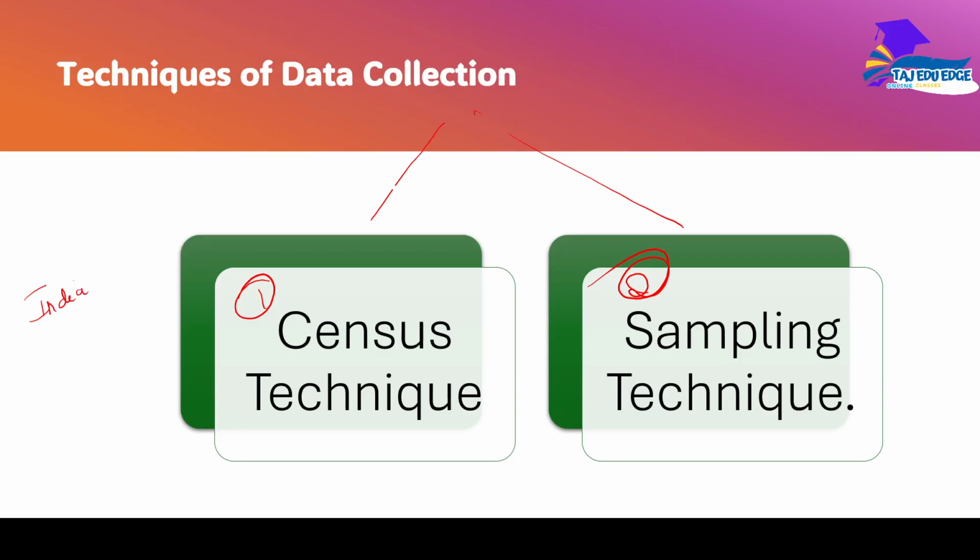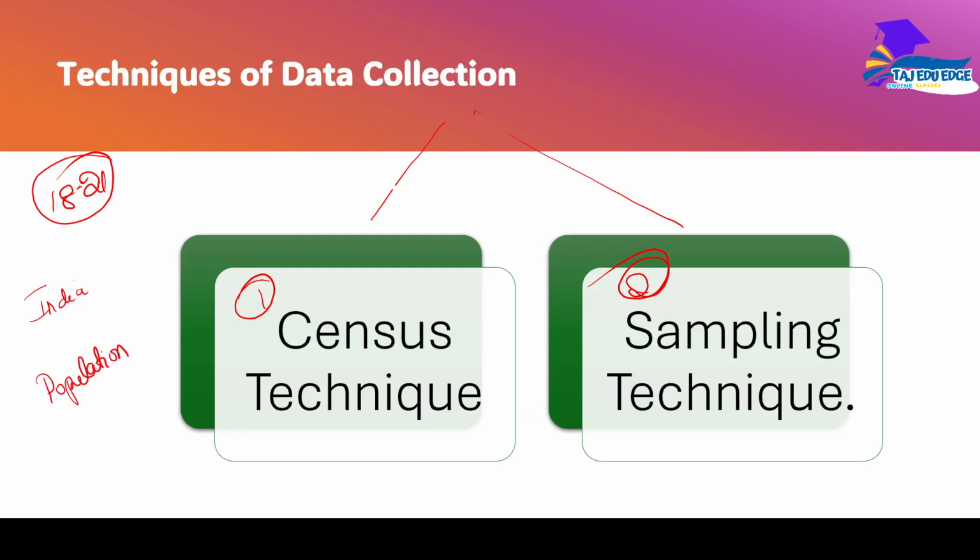You have heard the word census. Now approximately you belong to 18 to 21 years of age, right? You have heard the word census. Census means when the data is collected from the whole population.